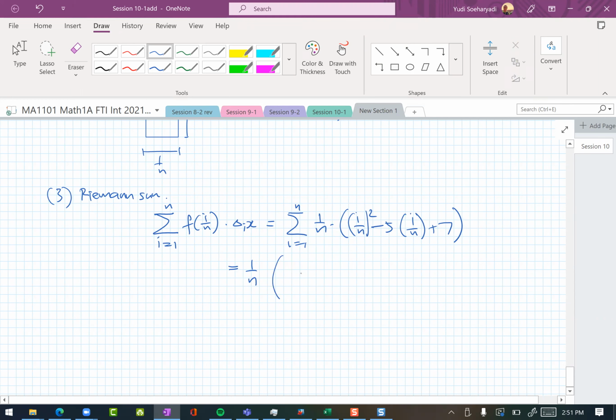Here is 1 over n squared, sum of i squared. And take out 5, and then this n from here. Okay, and this is just 7n.